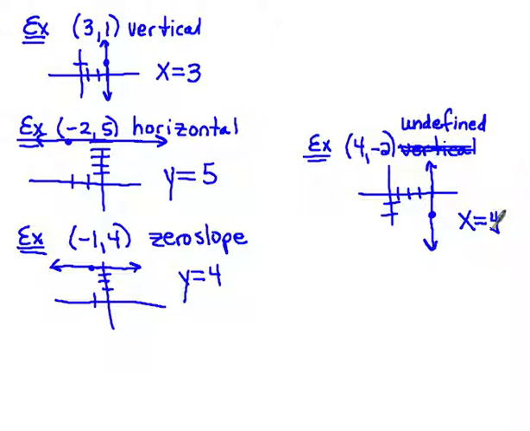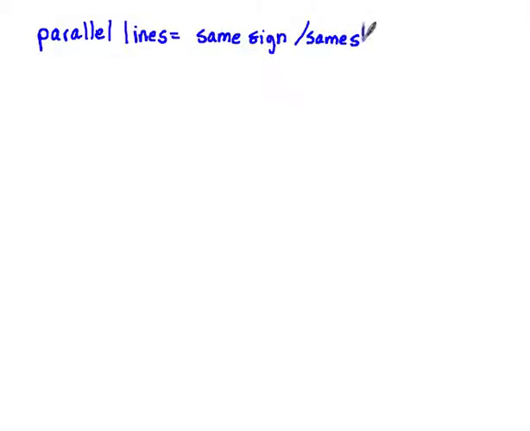Okay, now, all of that was sort of a review so that you have more examples to put in your notes for point and slope, 2 points, and horizontal vertical lines. Now, the new stuff that we need to talk about is the parallel and perpendicular lines. So, just to review, remember that parallel lines have the same sign and the same slope, or the same number slope.